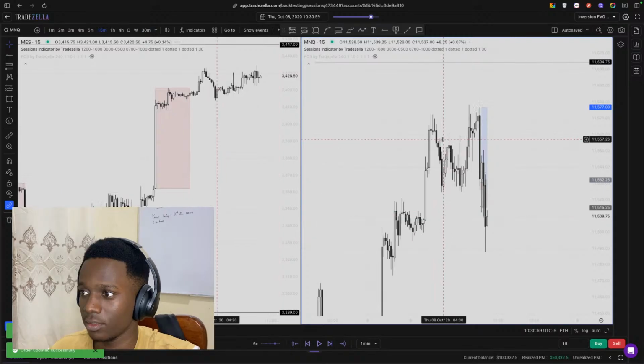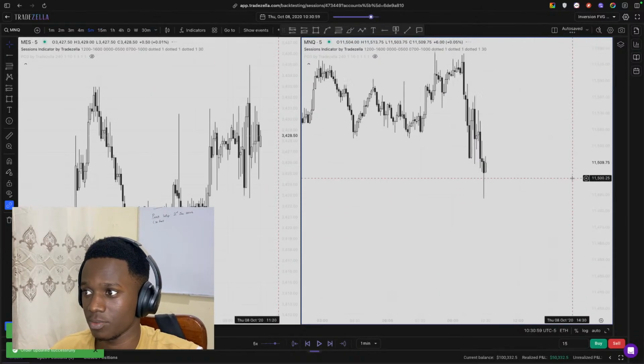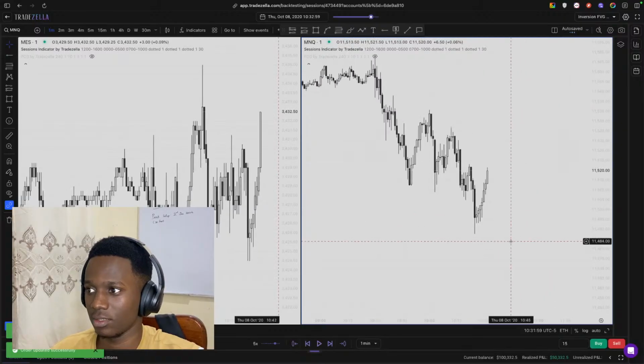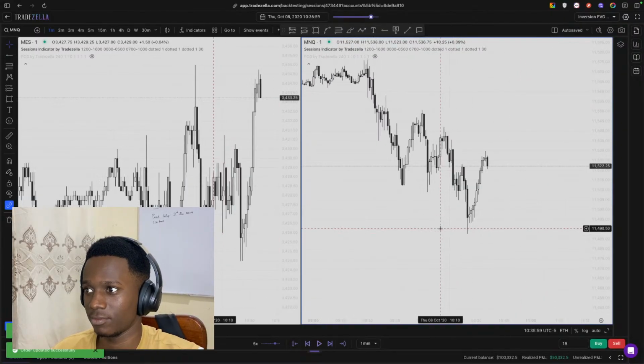Okay, I think I'll take a stab at shorts because price hasn't burst, like a couple of gaps.